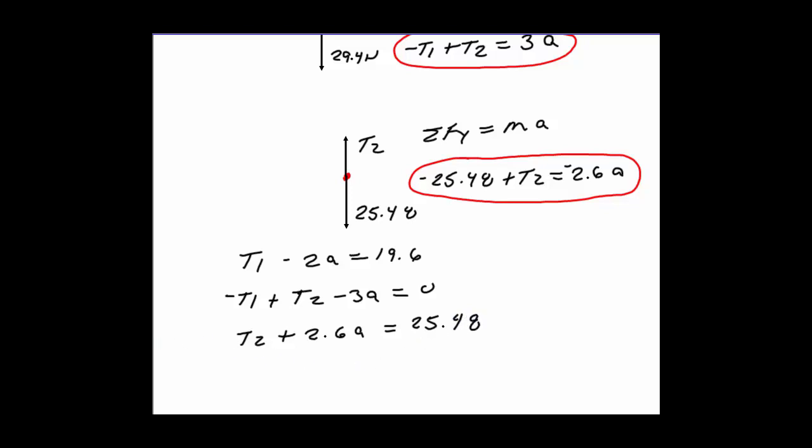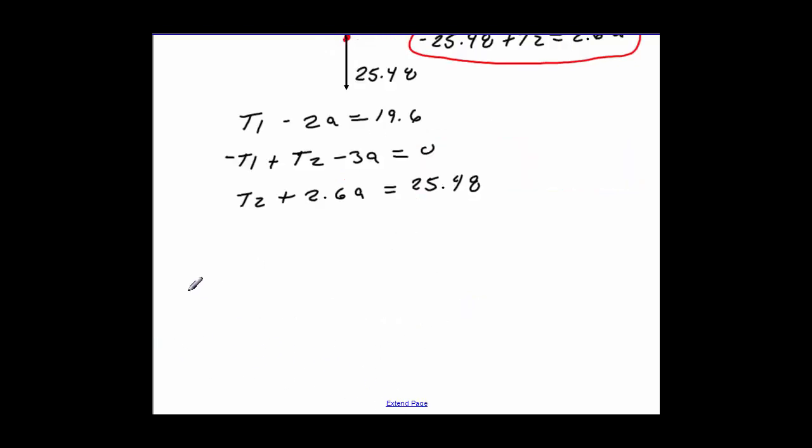Okay, at this point, again, I would recommend matrices. I'll set up a T1 column, a T2 column, an acceleration column, and my values over here. First equation: T1, I got a 1, I get a 0, I got a minus 2, I get 19.6.